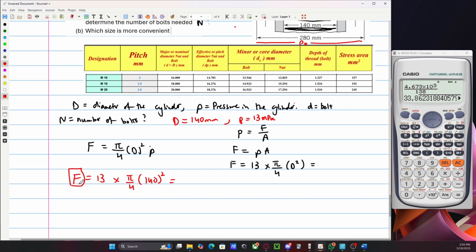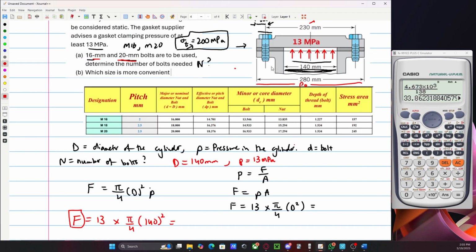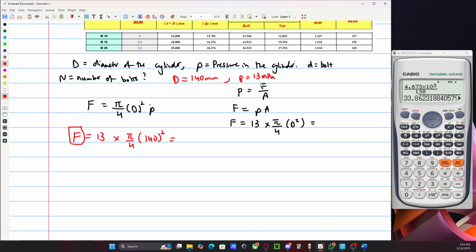Okay. How do we know this? It is because we want to work out the number of bolts. So if we were to just look at this force, let's call this F1. F1 is resisted by the number of bolts times the force allowed by the bolts, so F bolts. Now, how do we do this?